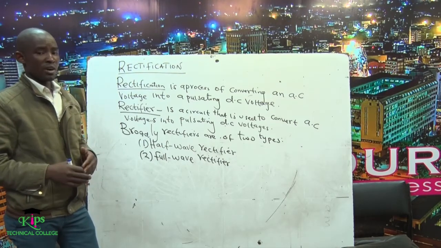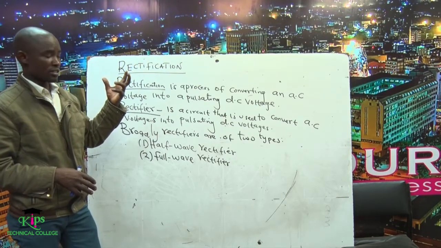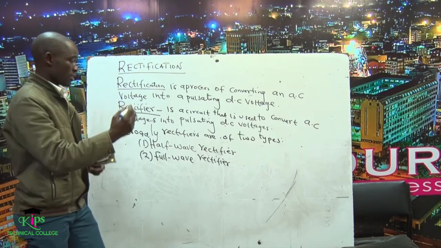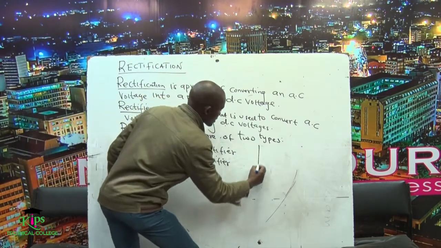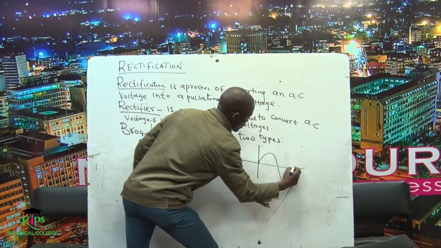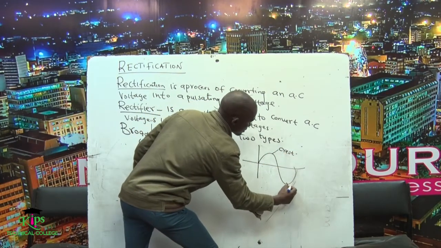Remember, a full signal has got a crest, and at the lower side of it, a trough, because we know an AC signal has got two parts. We normally say this is a crest and this is a trough.